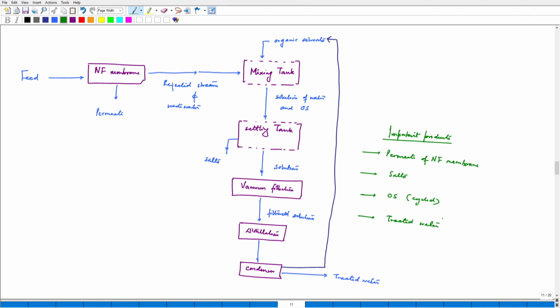Such type of operation is just one method by which we can club different types of operations one after the other and remove salts, but it is a lot of investment to even think of such a recycling strategy.